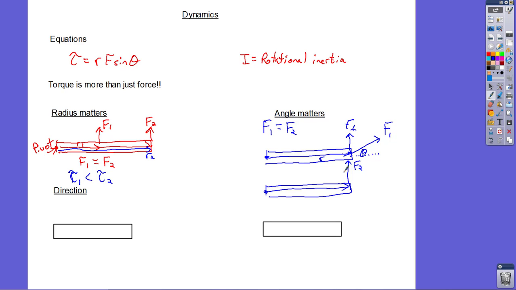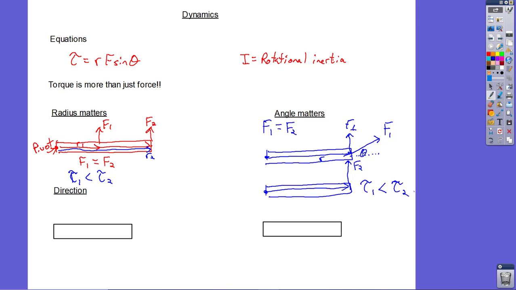So again, this would be an instance where torque 1 would be less than torque 2. Okay, and it's possible to apply a force that generates a torque of 0. Okay. The other thing is direction. Okay, so forces have direction, torques have direction.